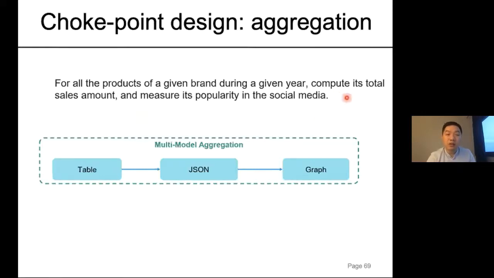The goal is to compute its total sales amount and measure its popularity in social media. So this query first performs aggregation over the tabular data, and then it conducts embedded aggregation on the JSON orders. Finally, it conducts aggregation on the popularity of the related tags. So this is a typical multimodal aggregation.